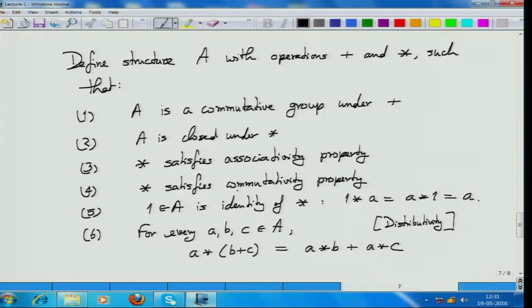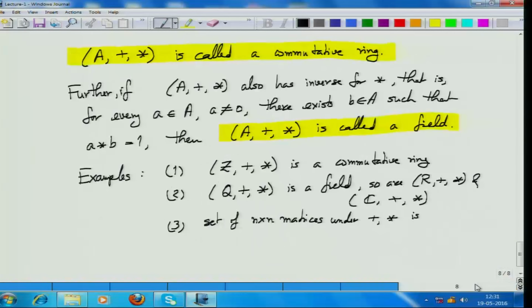Commutativity, not necessarily true. Identity, yes, the identity matrix is the identity element. Then finally, for the field, the inverse, not necessarily true. A matrix may or may not be invertible. So, this is a ring, not a commutative ring.